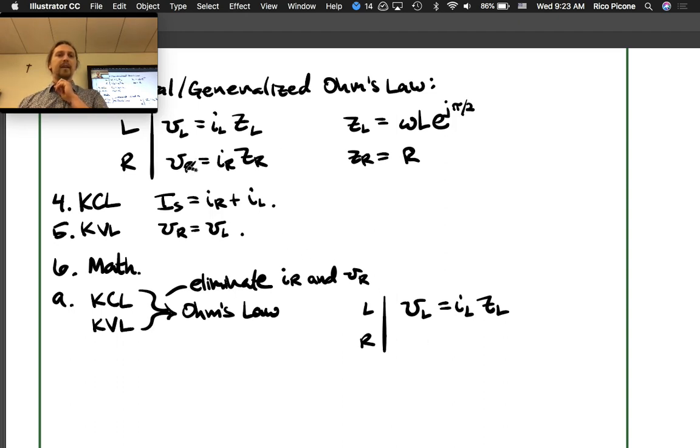VR and IR. So our KCL equation tells us that IR is just IS minus IL, right? And that VR is VL. So we can rewrite this as VL on the left-hand side, substituting in for VR. So that became VL. And then IR is going to become IS minus IL.